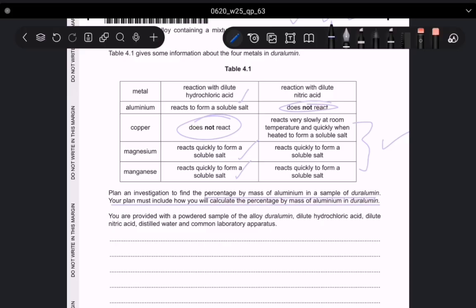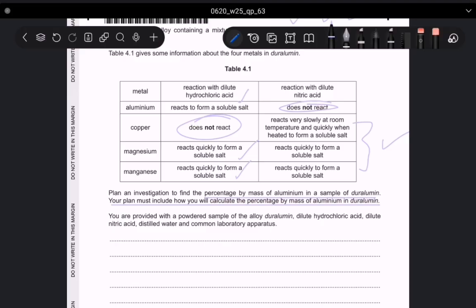Next, you're going to filter the solution and collect the residue, then rinse it with distilled water, and then collect that sample of aluminium powder, and weigh it using a digital weighing balance.